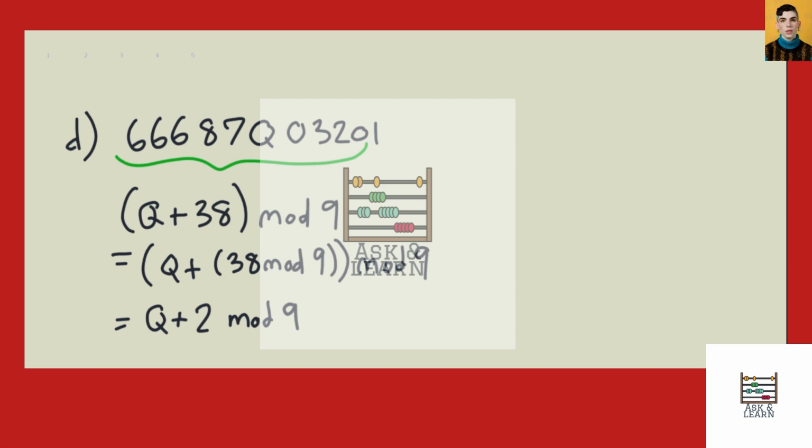Then we take a look at our check digit, which should be equal to 1, so we need to set this expression equal to 1. We want to subtract 2 from both sides, so we get Q mod 9 is equal to negative 1, but in mod 9 language, that is equal to 8. So here we have that Q is equal to 8.